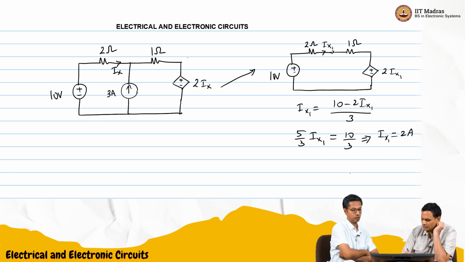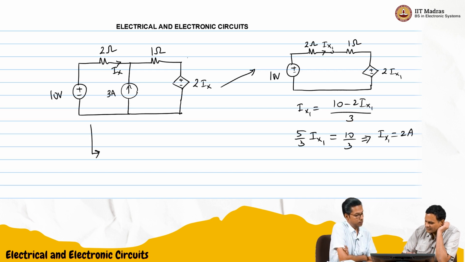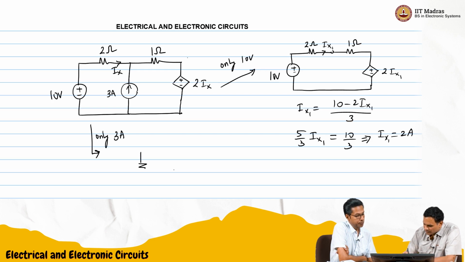Now we have the second case where you only have the 3 ampere source. So the network becomes, we'll short the 10 volts.